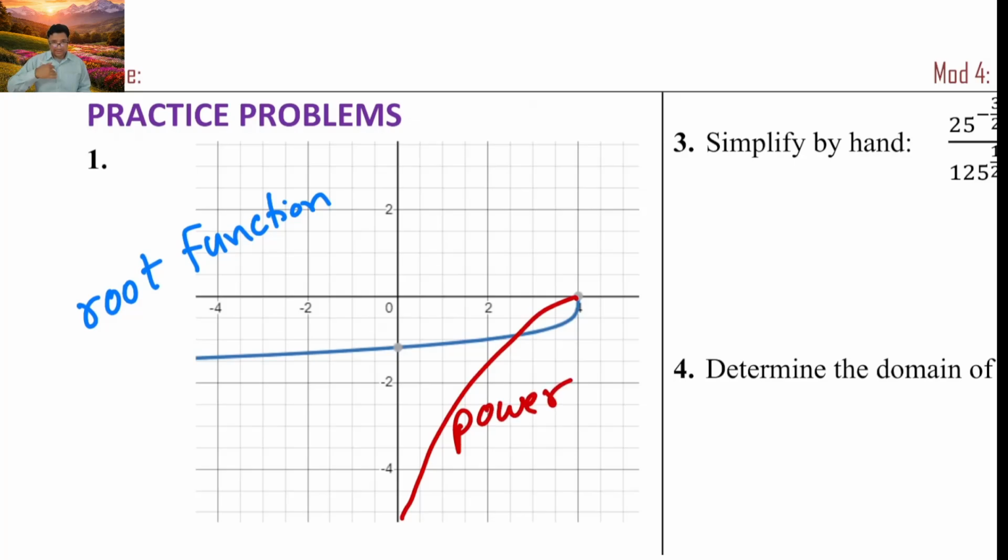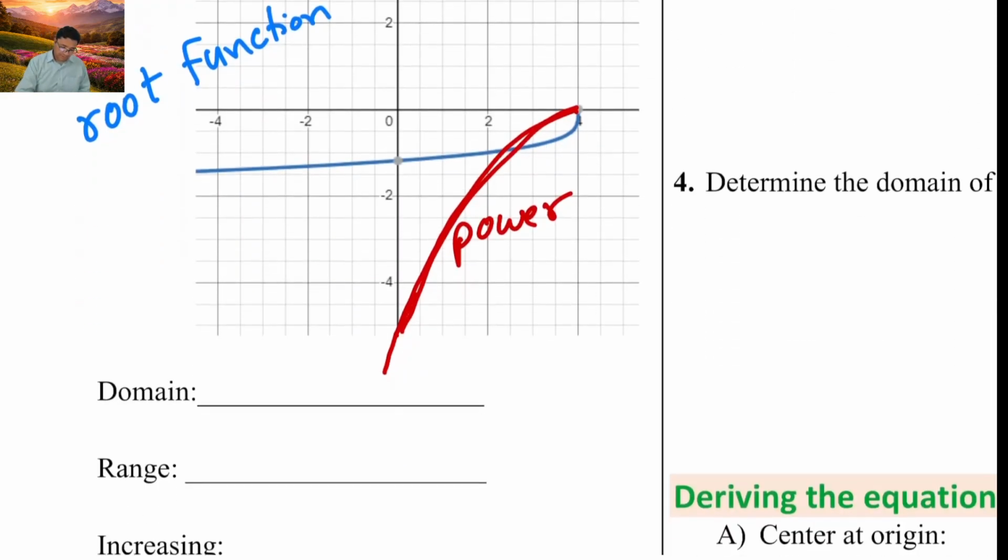If the rate of change is fast, it's power. If it is getting more horizontal over a period of time, it is a root function. If it is getting more steep, more vertical, that is a power function. Now we have that root function.